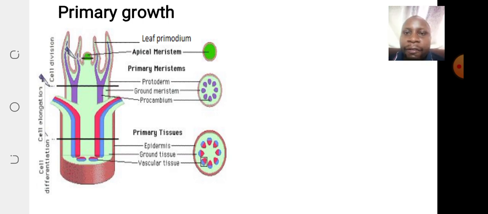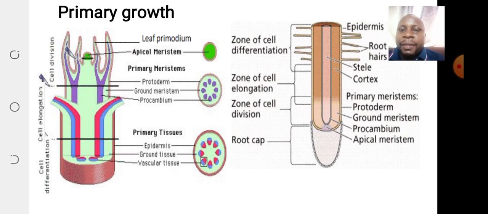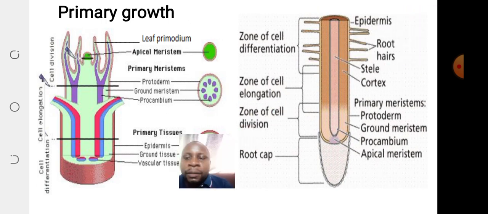And finally, we have the zone of cell differentiation, where the cells differentiate to form their permanent tissues. Then, which structures protect the apical meristems? We have talked about the leaf primordia.